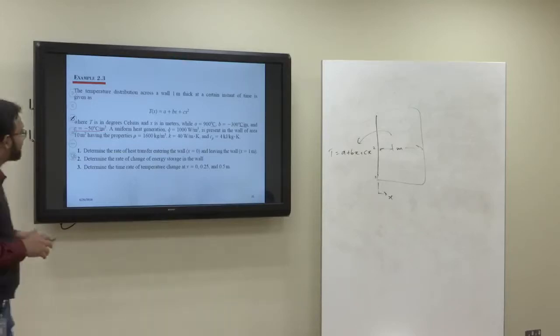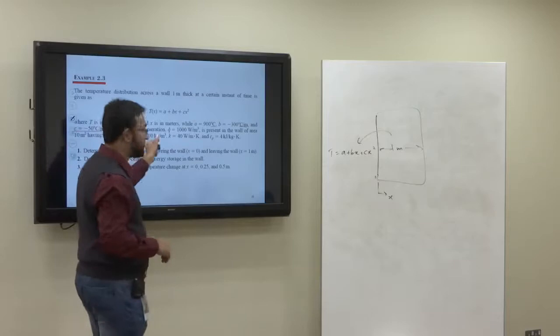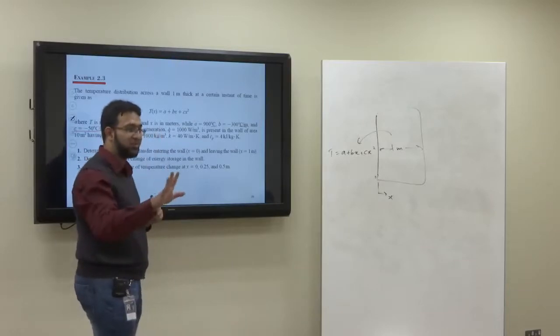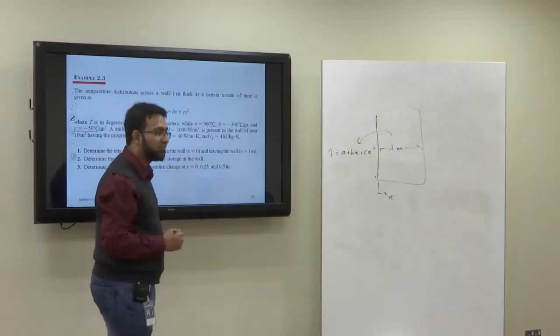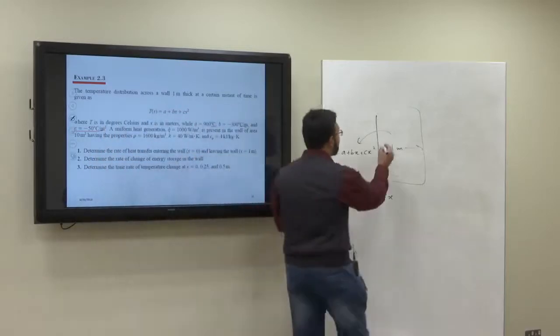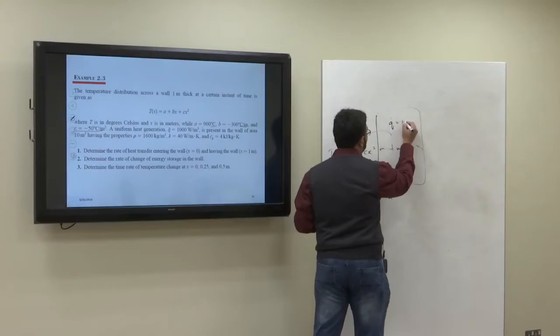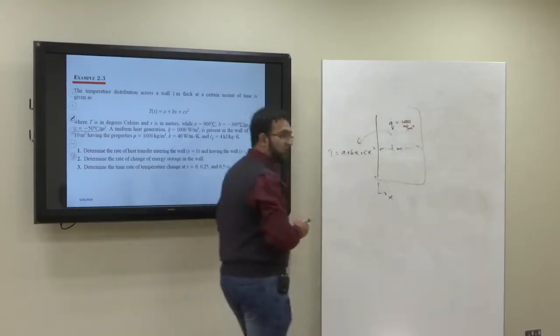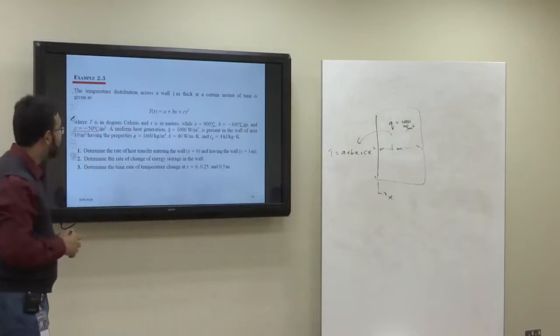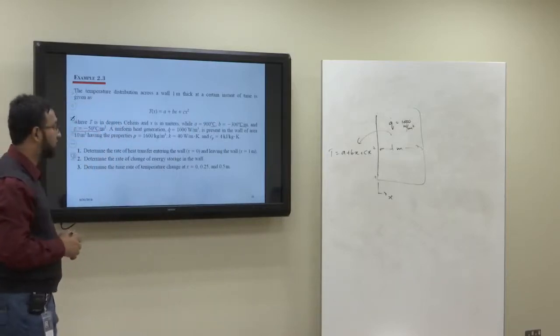There is a uniform heat generation in the wall, and it is 1000 watt per meter cube. So that's Q dot inside, 1000 watt per meter cube, present in the wall of area 10 meter square.